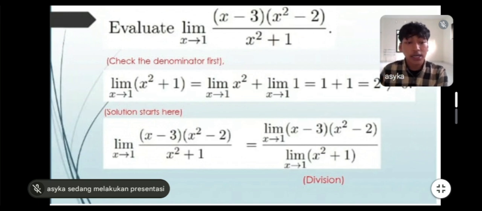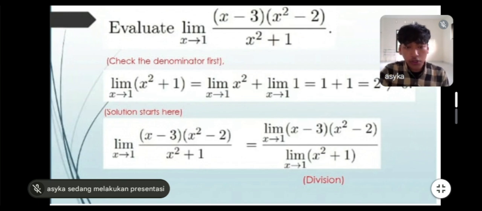Solution starts here. The limit as x approaches 1 of (x minus 3) times (x squared minus 2) over (x squared plus 1) equals the limit as x approaches 1 of (x minus 3) times (x squared minus 2), over the limit as x approaches 1 of x squared plus 1.